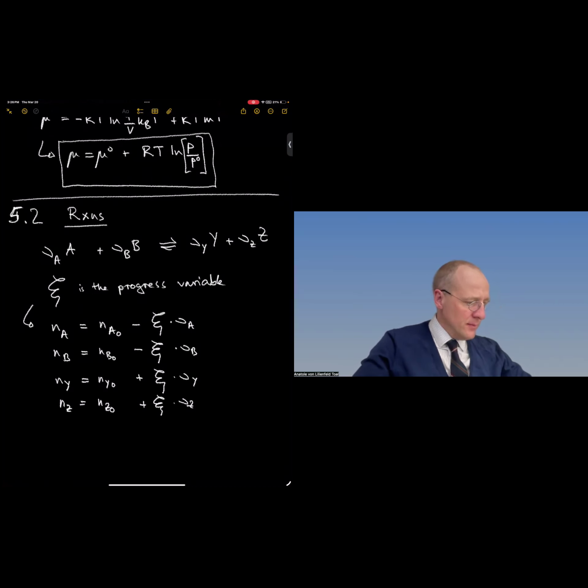So the general formula is n equals n0 plus some change dn, where dn is simply nu times the progress variable psi.